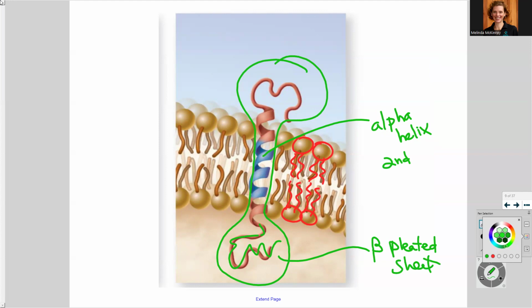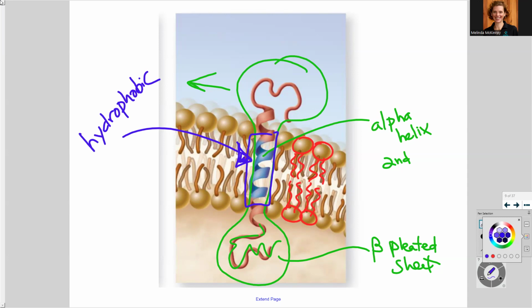And this one is just anchored in here. It's anchored in place, I should say, by the fact that this blue part of the protein happens to be hydrophobic. So the amino acids that are in that sequence are amino acids that don't like water, right?